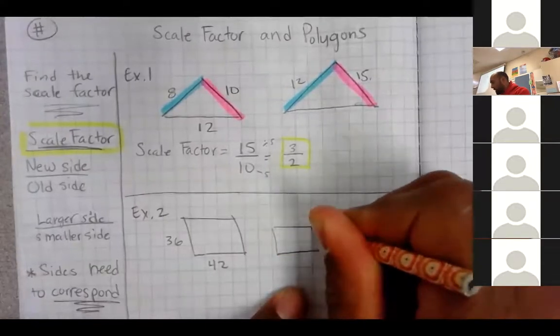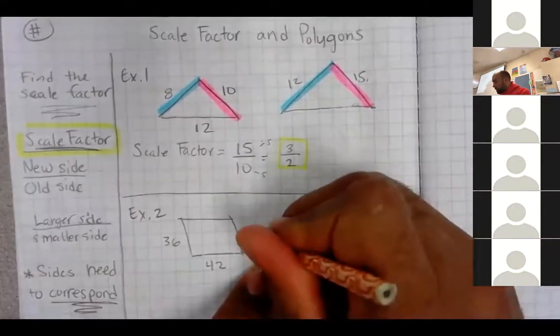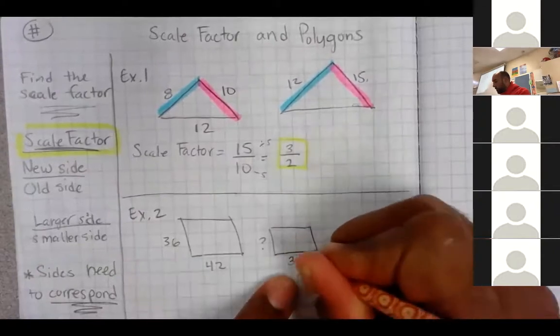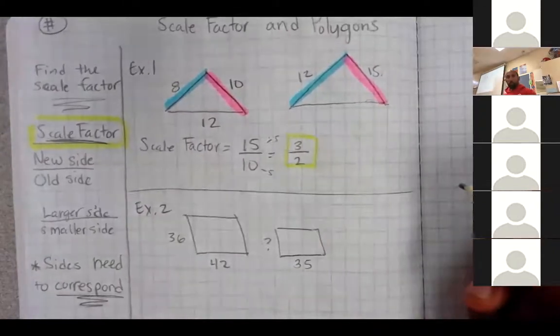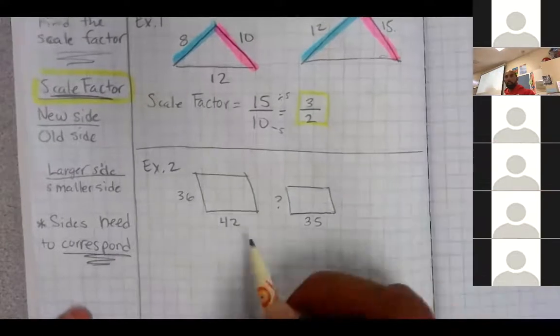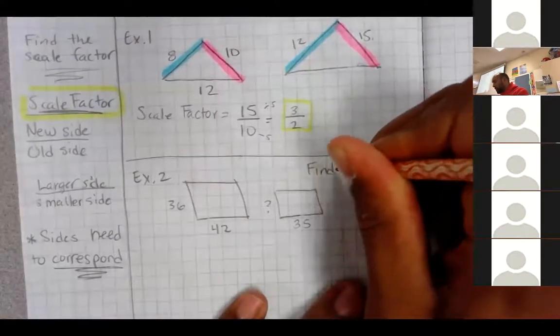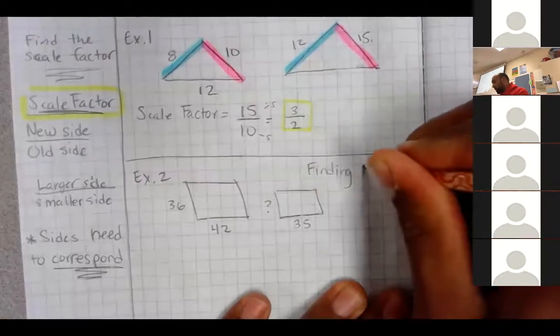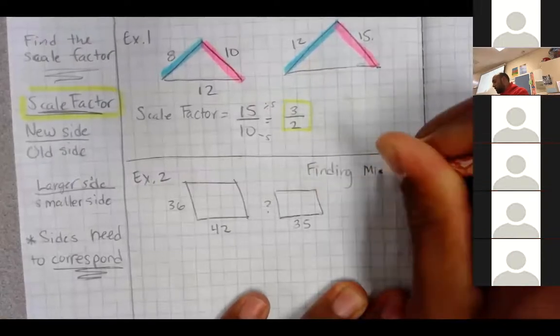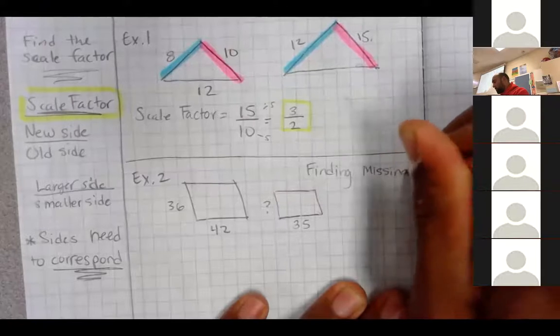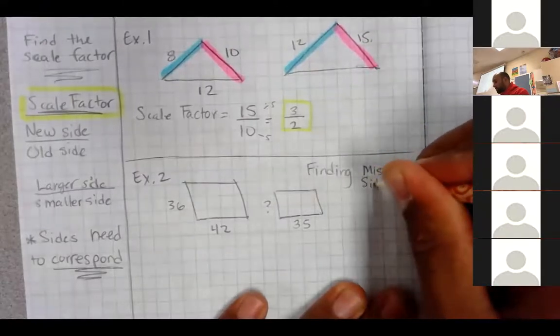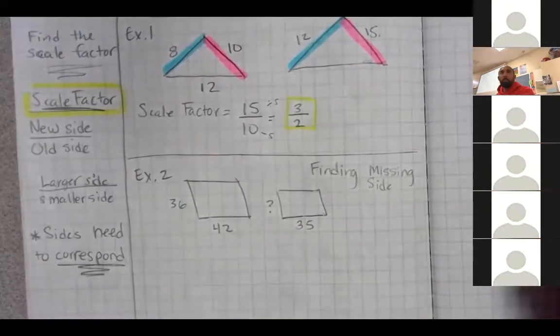Now notice that the next shape to the right is smaller, but that's okay. Again, we're going to find the missing side. And when you work on the worksheet, there'll be a question mark for the missing side.